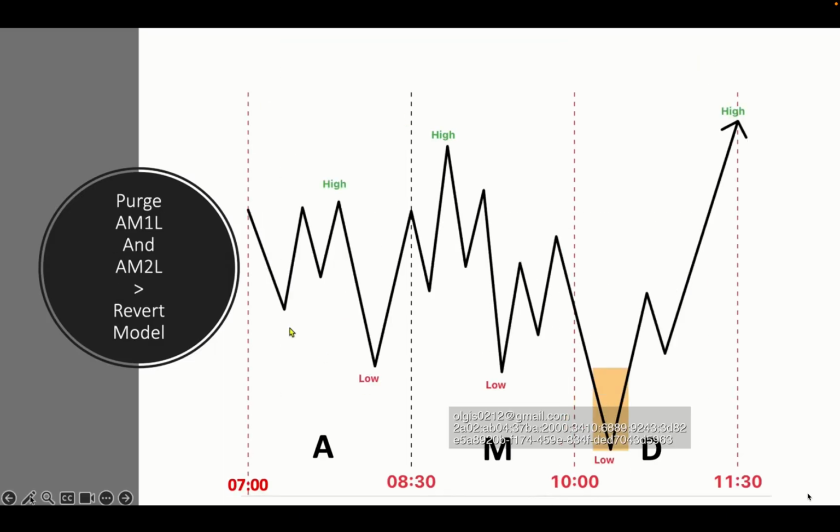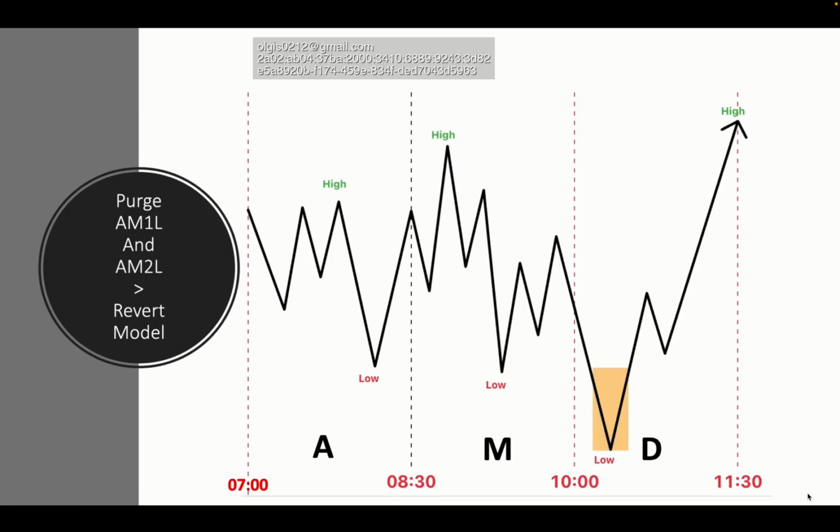So let us now take a look at the final delivery cycle scenario for the AM session. This is a purge of both the AM first cycle's low and the second AM cycle's low.